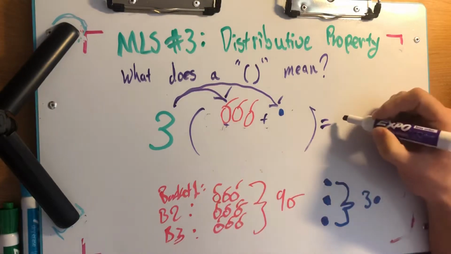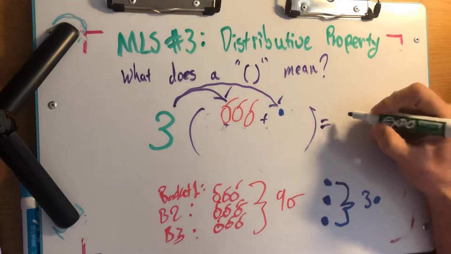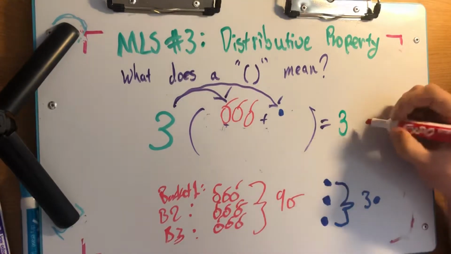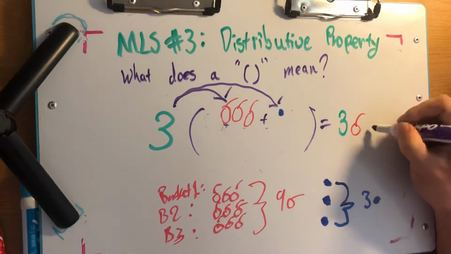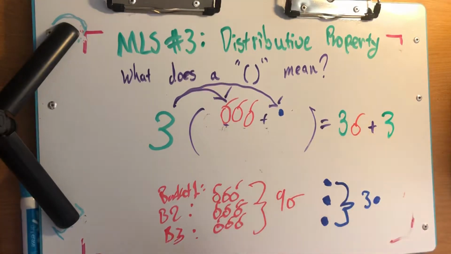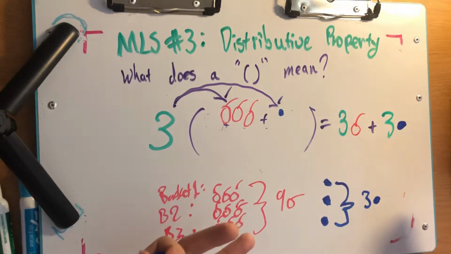So we end up with, let's keep using the same colors, 3 cherries plus 3 blueberries, right?